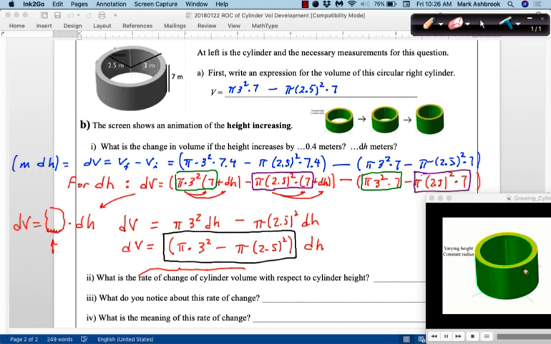Yeah, like see this yellow ring. So the rate of change is the area of the base. That's the area of the base of our right cylinder. So what do you notice about the rate of change? It's the area of the base of the right cylinder.